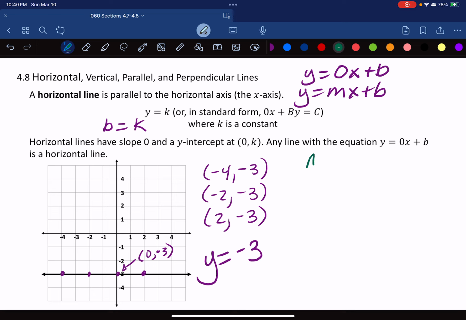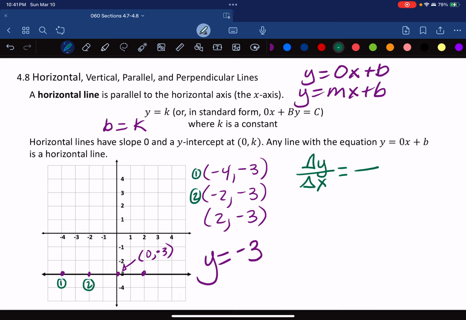Well, we know slope is the change in y over the change in x. And if we look at our points, say the first 2 points, which are these 2 points here, on the left and the middle, the change from point 1, (-4, -3), to our second point, (-2, -3): we'll start with the change in y.